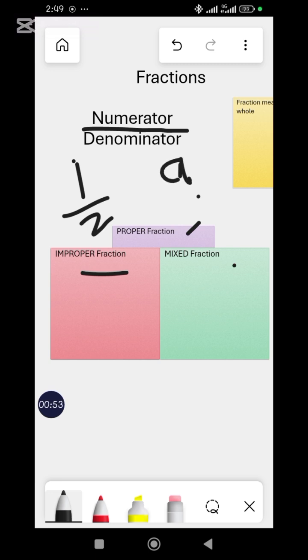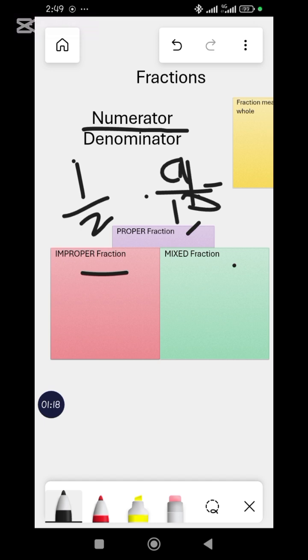and denominators are bigger, so let's say 10. Pardon the drawing, but that's that. Then for improper fraction, now we have proper, the numerators are smaller, the denominators are bigger.